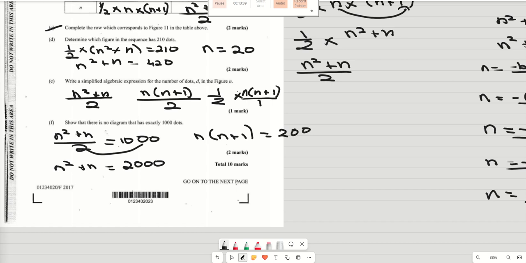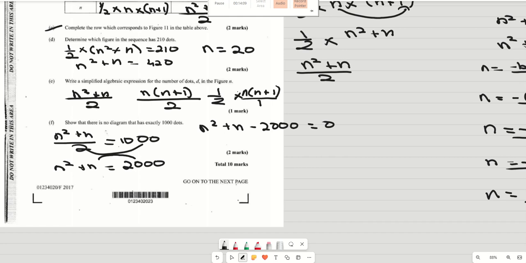This one, I don't know. What you could do is, when you reach this step, you'll have n squared plus n minus 2,000 equal to 0.